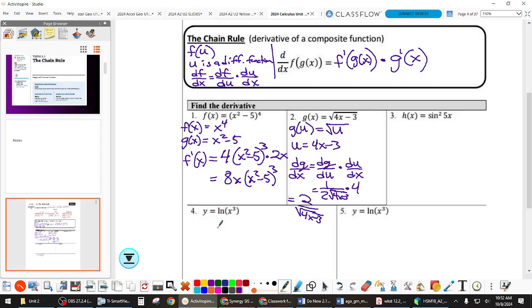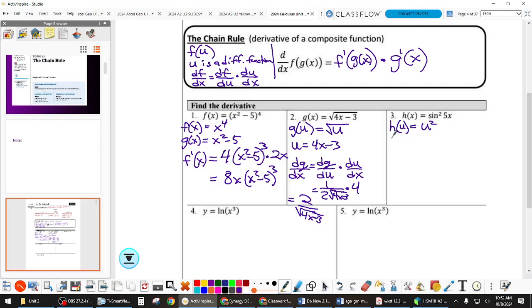Now this one, tell me about it. How many functions do we have there? What did you say? 3. Do you guys see 3? Okay, what are they? Square. What would be your outside one? Yep. So h of u is u squared.